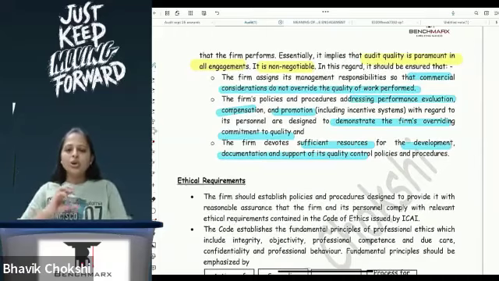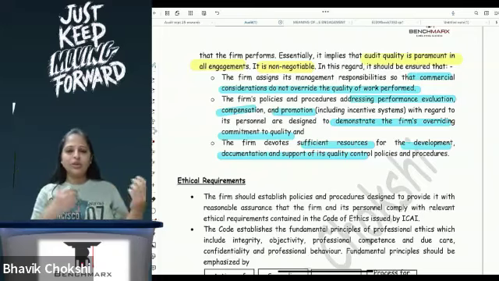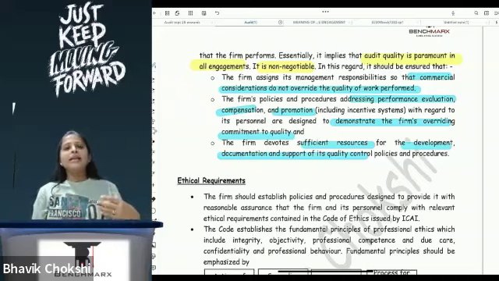Correct? So as a leader, it is your responsibility to ensure कि जो अपने इंटरनल फर्म में अप्रेजल या प्रमोशंस हम देते हैं, जो अच्छा काम करता है, जो क्वालिटी के साथ अडियर करता है, उसको हम प्रमोशन दें. People who don't comply with quality, who are lax or who are okay with things not being as per legal regulatory requirements, should not be given that promotion or appraisal, in order to ensure that the quality of the firm is maintained.